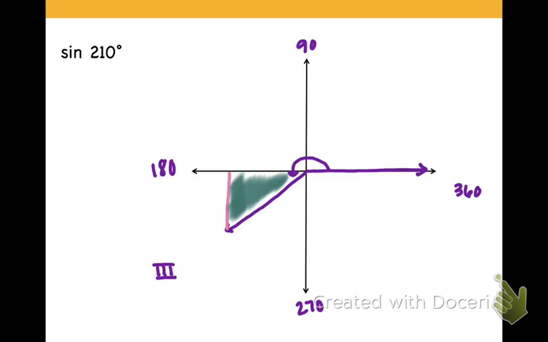So 210 degrees is larger than the 180. It is 30 degrees larger, which means just from the negative x-axis right here, we have a 30-degree angle. So while the entire angle there is 210, just to the x-axis, it's 30 degrees.